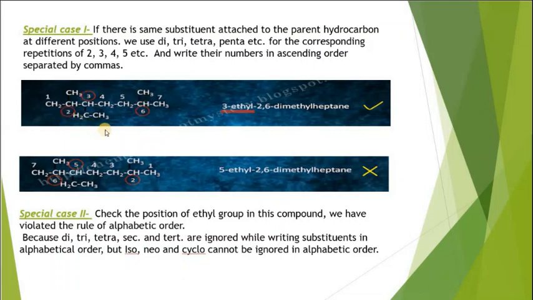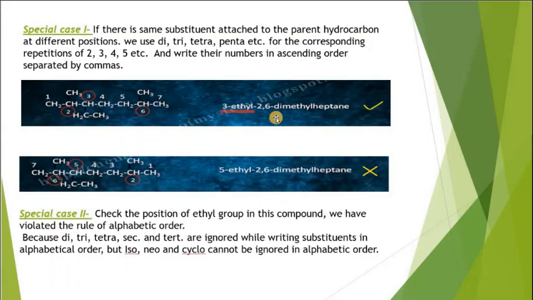And we have to specify their positions. Positions are 2 and 6. These are mentioned wherever they are located. At position 3, there is an ethyl group. Ethyl is mentioned first because E comes first in alphabetical order. So 3-ethyl, and it is 2,6-dimethyl heptane, right?